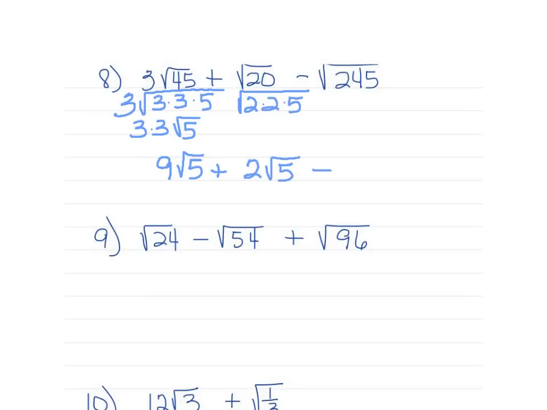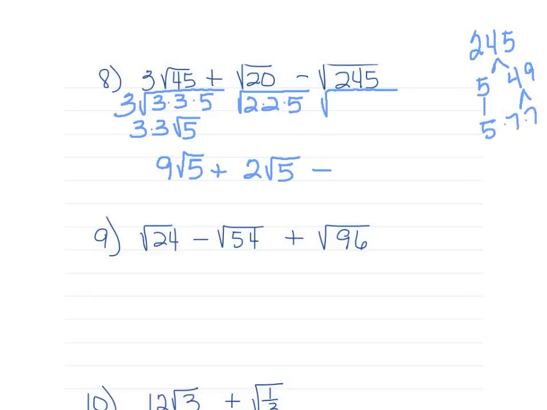And from that we're going to subtract radical 245. Now 245, I'm going to go ahead and use a factor tree just to go through the process with you. So I know for sure that 5 divides 245, and it would be 5 times 49. And then 49 is 7 times 7, and 5 comes down.